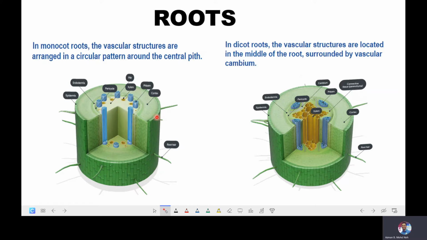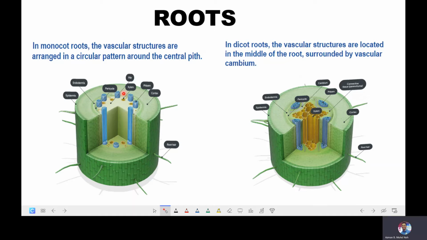Over here will be the cortex region, which primarily consists of parenchyma cells, and then you will be able to see the vascular bundles.